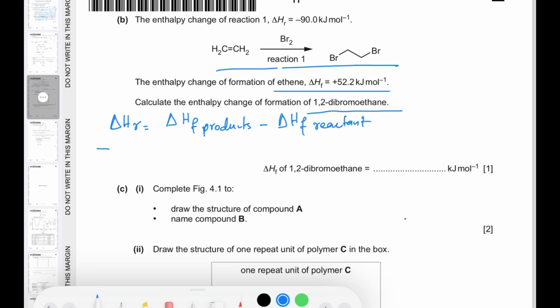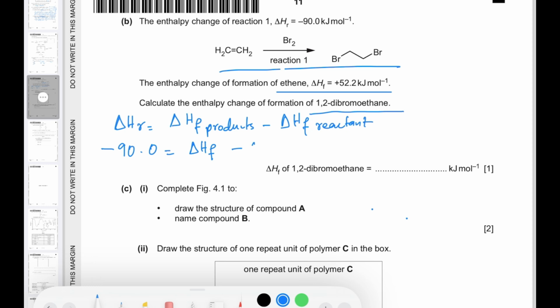We are given this value already. You need to find the formation of the product, here unknown, minus the formation of the reactant, right? Enthalpy change of formation of the reactant. So that's equal to 52.2 minus 90, and your final answer would be negative 37.8 kilojoule per mole.